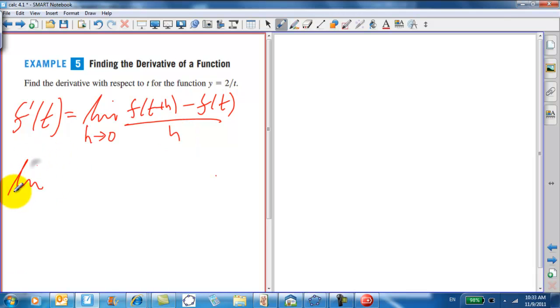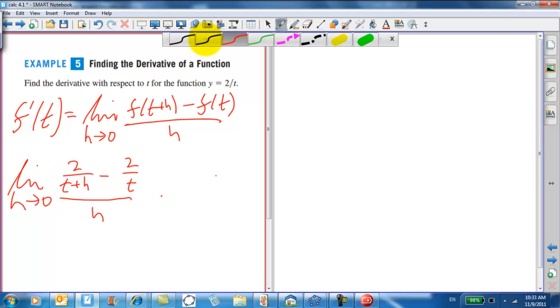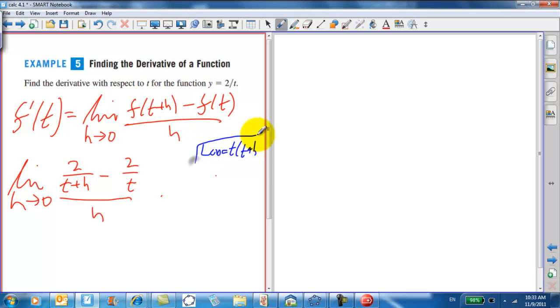So it's a limit as h goes to 0 of 2 over t plus h minus 2 over t all over h. And now I would multiply by the overall LCD, the LCD of t times t plus h to get rid of these secondary fractions. And if you remember in the LCD section, this is when you have compound fractions, multiply the top and bottom by the overall LCD. So t times t plus h.